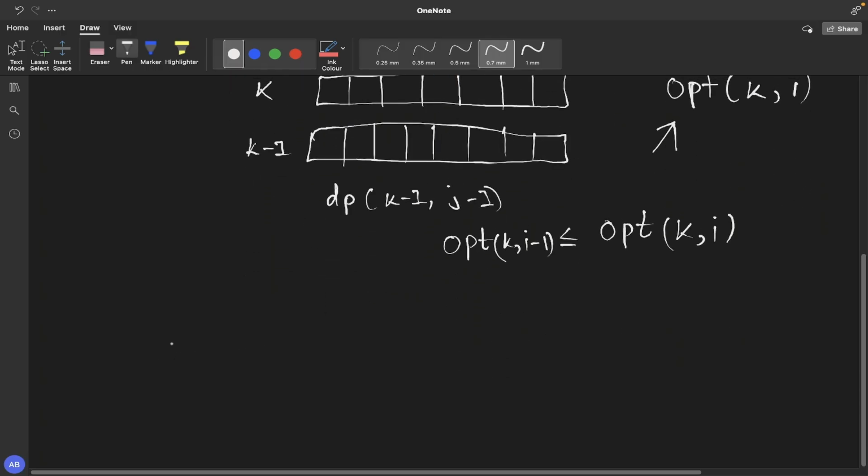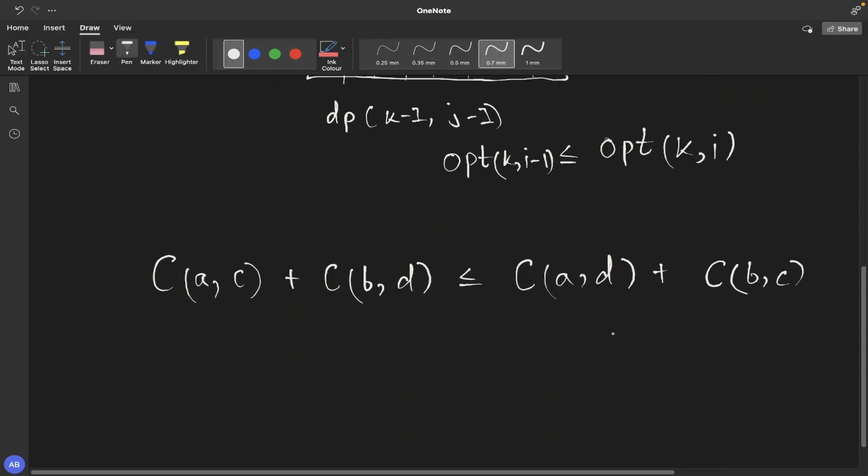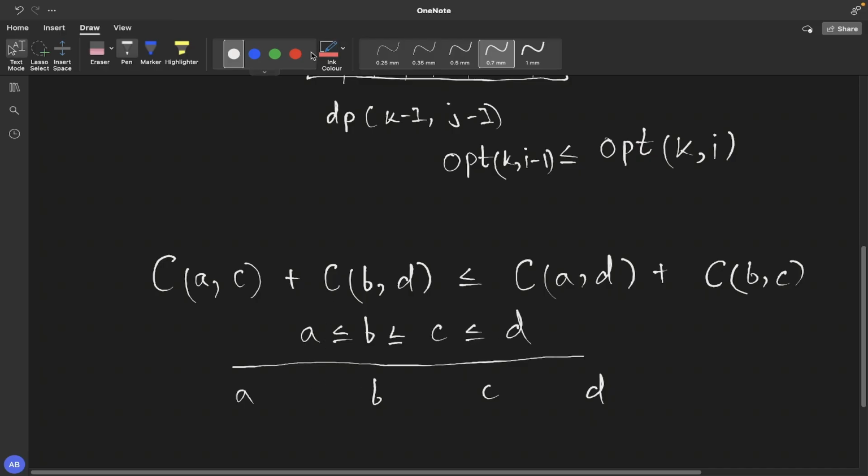So the cost function here satisfies something called the quadrangle inequality, which says that the cost from A to C plus the cost from B to D is smaller than or equal to the cost from A to D plus the cost from B to C. Visually, this means that if you take the points on a number line, let's call this A, B, C, D, and this condition is there for this inequality, then the cost from A to C is this, and the cost from B to D is this.